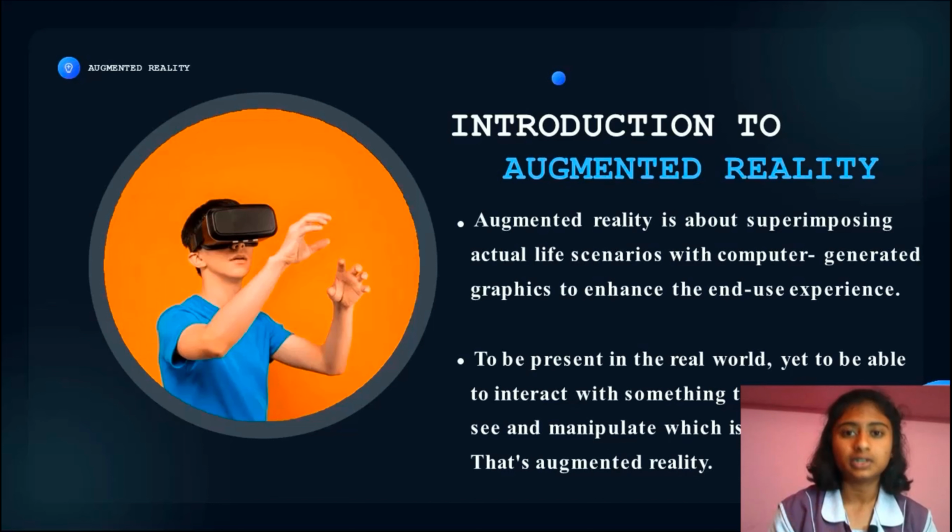But augmented reality is the flip side of this idea, where it takes virtual objects and brings them into your real world. And the real promise of augmented reality is to merge the virtual and the real world together.